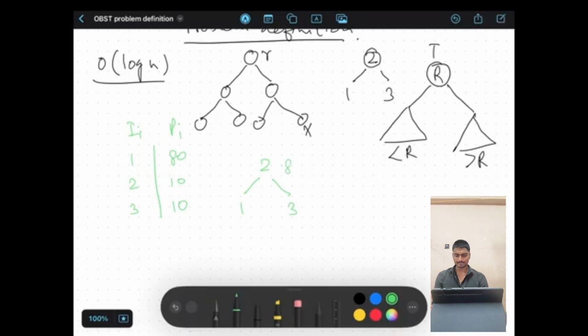For 1, the probability is 0.1 and we find it in 2 operations. Similarly for 3 the probability is 0.1 and we find it in 2 operations. If we find 3, we start from 2, 3 is greater than 2, so we find 3 in 2 operations. That totals 1.9.